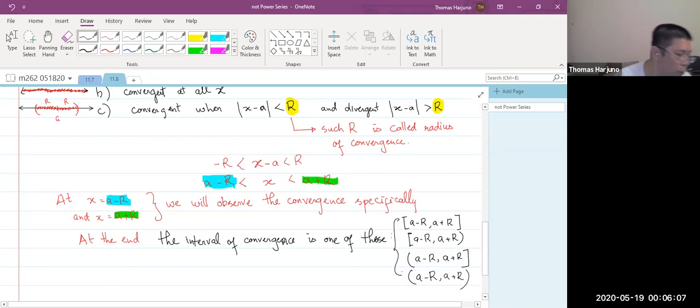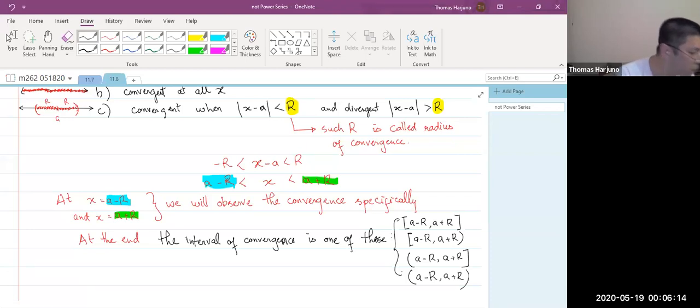Okay, now what we will do in this section is to find the radius of convergence. We will practice using some problems first.